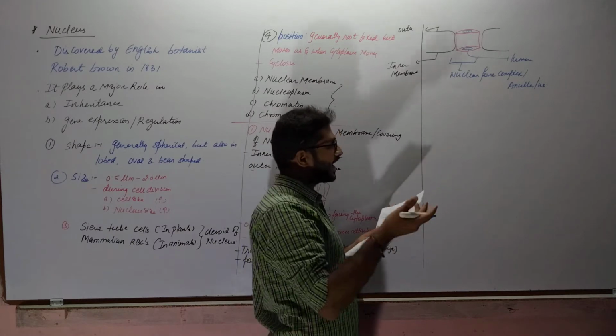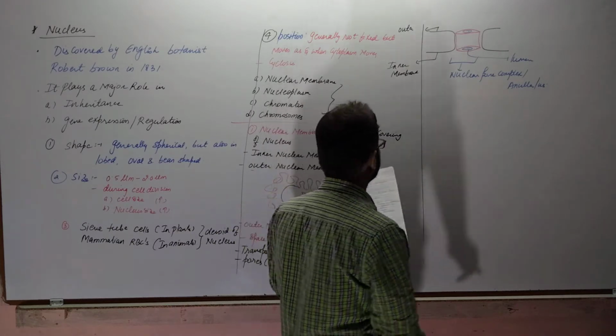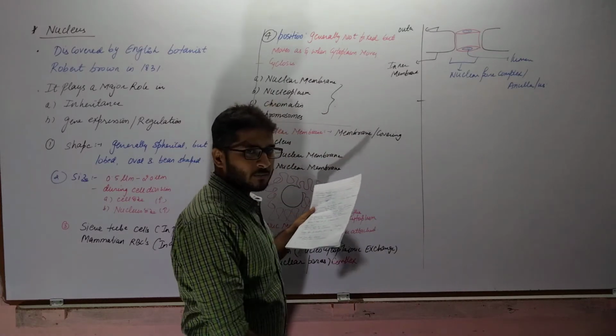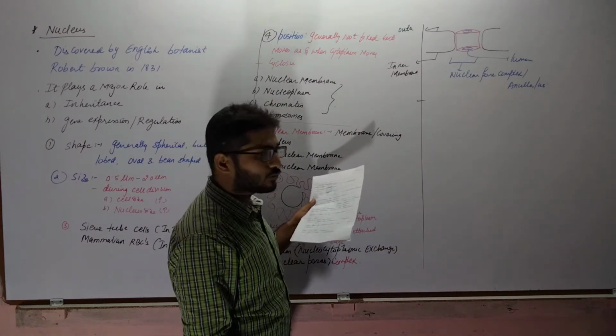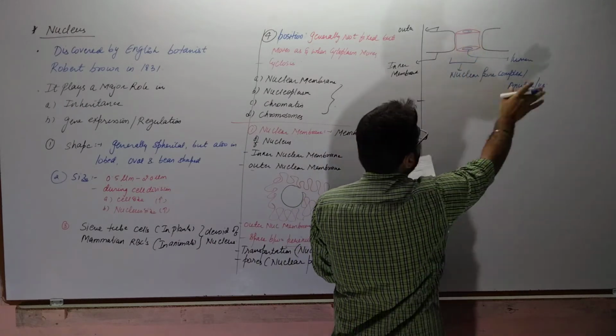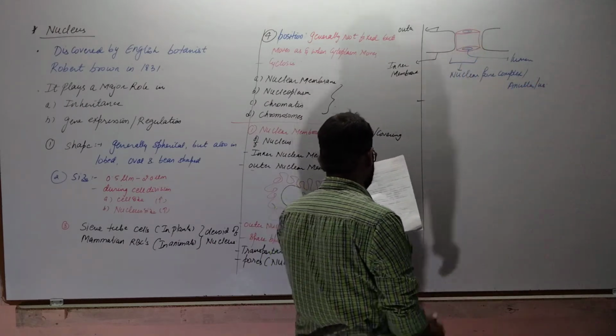Between the inner membrane and outer membrane, we have seen the nuclear pore complex is located, and this ring-like pore is what we call the annulus.